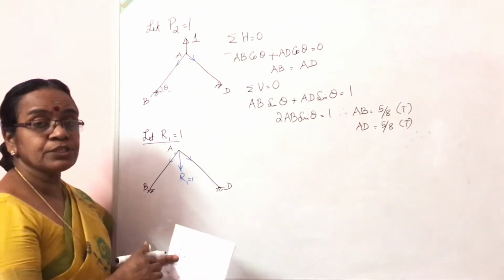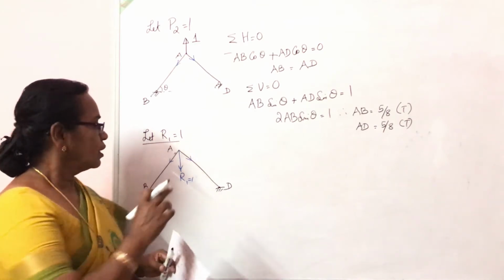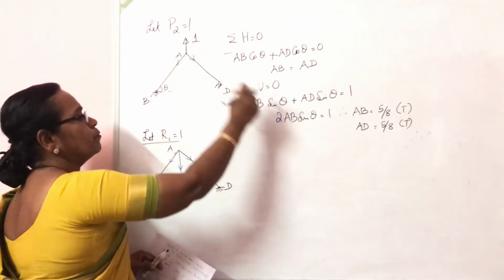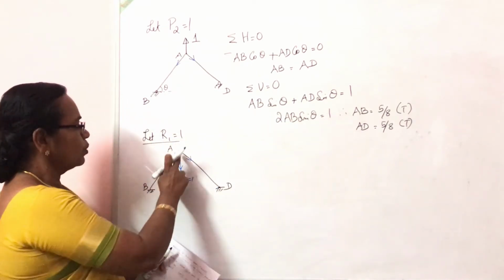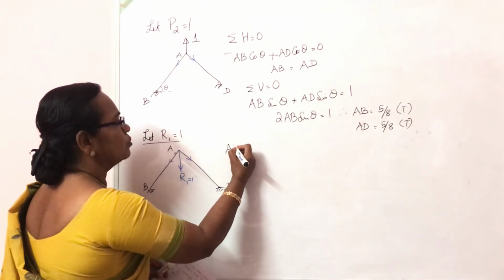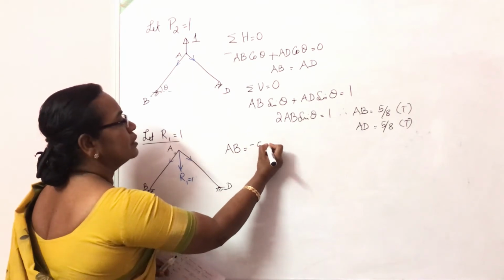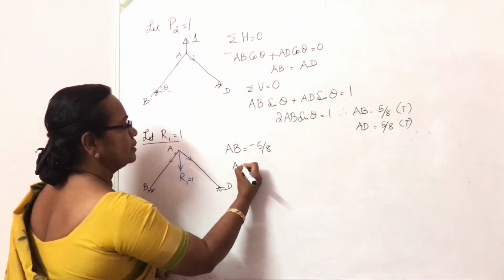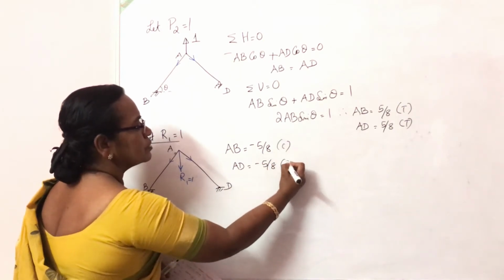Here I have mentioned you to release the member in the direction of the force, because if the load is acting vertically upward, we have the forces 5 by 8, 5 by 8 tension. So if the load is acting at this joint downwards, without any resolution or without considering the equilibrium equations, I can simply write AB is minus 5 by 8 and AD is minus 5 by 8. So that is one advantage.